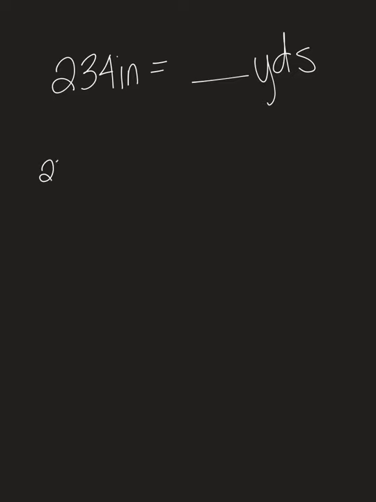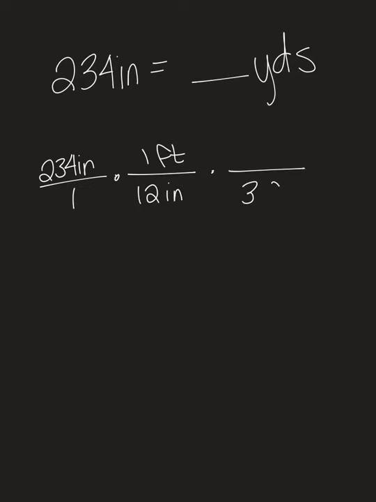So let's do 234 inches. You're always starting with what you're given over 1 times. And now we need to get from inches to yards. So you can do that in steps. You can say there's 12 inches in 1 foot. And then there's 3 feet in 1 yard.